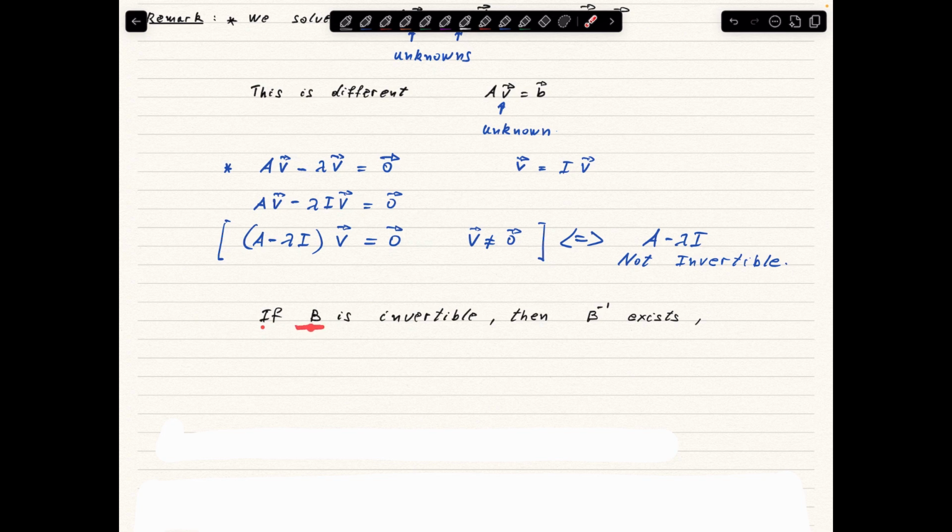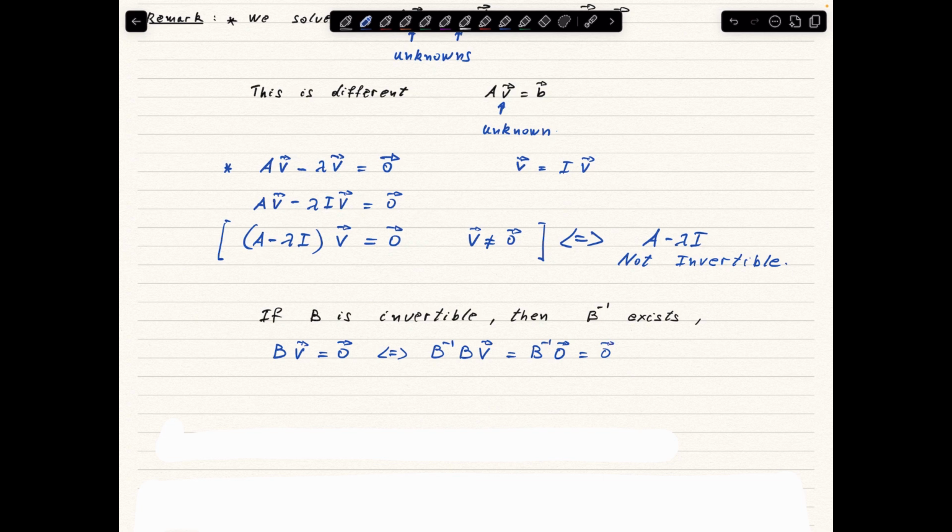If a matrix B, for example, is invertible, so that means the inverse exists, then what happens? Suppose we have an equation of the form B acting on a vector v equals 0. And suppose B is invertible, as we said. So B inverse exists. Okay, so we multiply by the inverse to solve the problem. B inverse acting on B, acting on the vector v, equals B inverse on the vector 0, and this is still the vector 0.